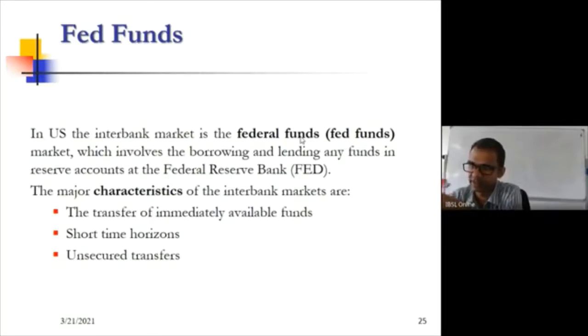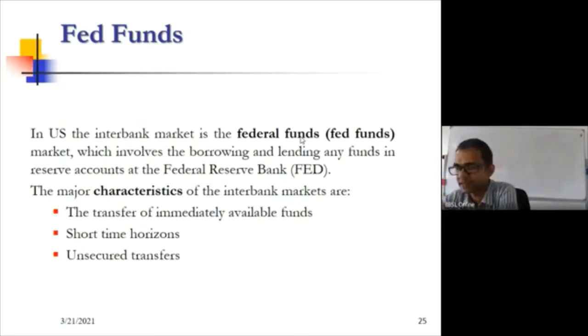Federal network. Every bank maintains an account with one of these Fed banks. Then they transfer money from one bank to another through those Fed accounts. That's why it's called federal funds, because you move funds that you have placed with the Federal Reserve Bank, FRB. But it's not the central bank's funds.